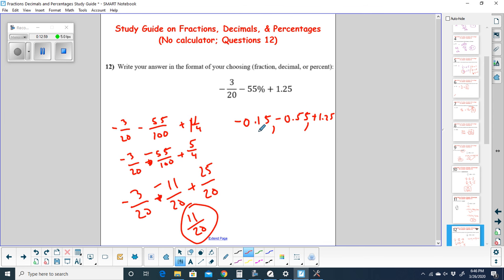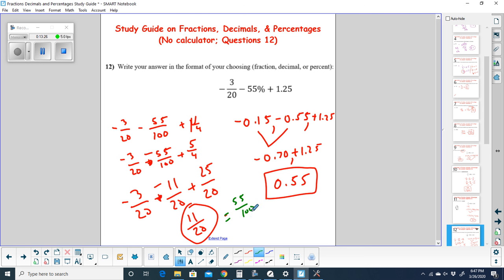So if I add negative 0.15 and negative 0.55, that's negative 0.70 plus 1.25. Well, what do I have more of? More positives than negatives. How many more? 0.55. And if you think about it, 11 over 20 is equal to 55 over 100, right?